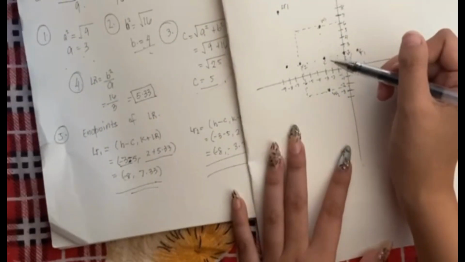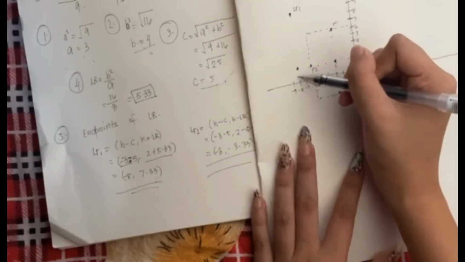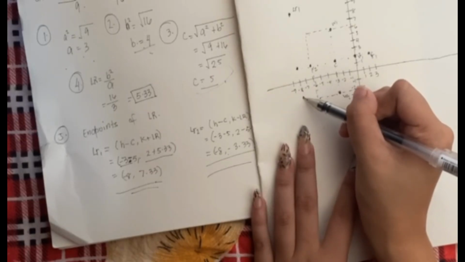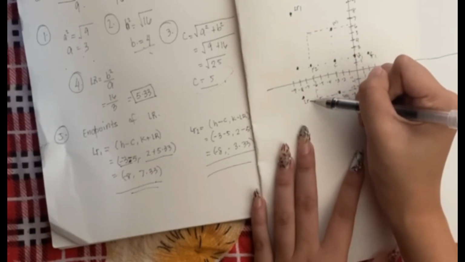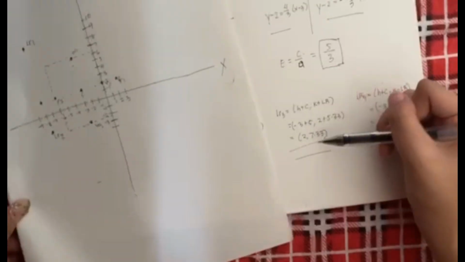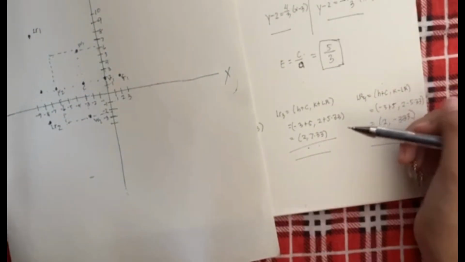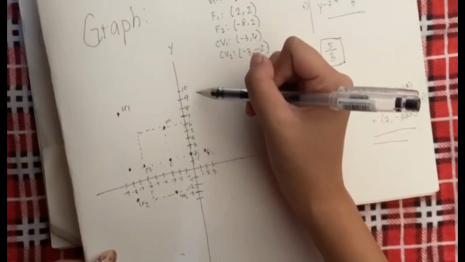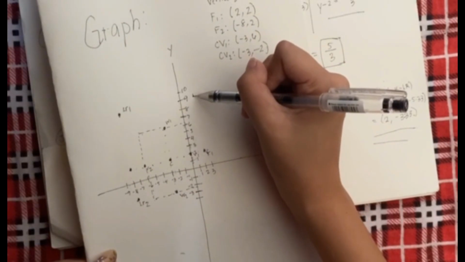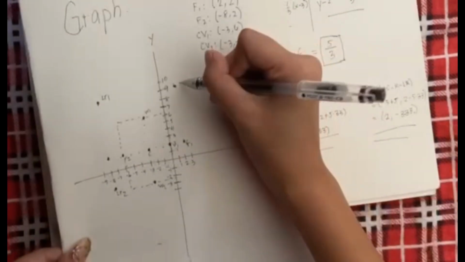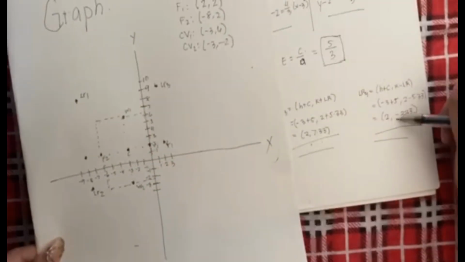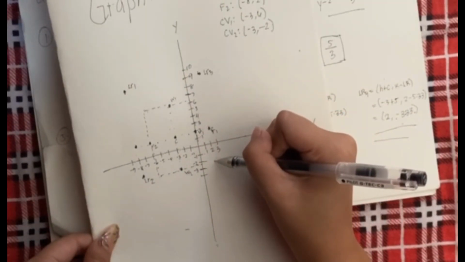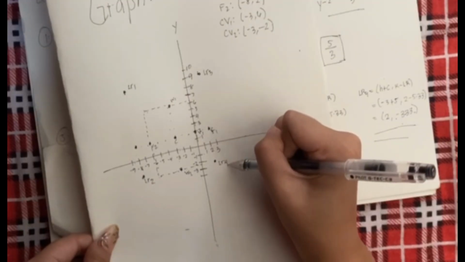And the LR2, that would be negative 8 and negative 3.33. And so LR number 3, that would be 2 and 7.33. You have to plot na. And then lastly, sa LR number 4, which is 2 and negative 3.33. Plot-an na nimo.